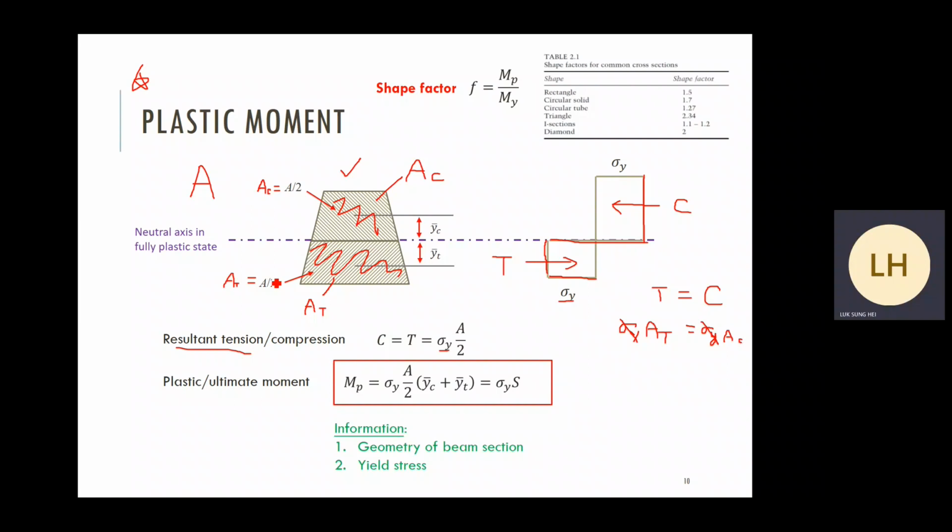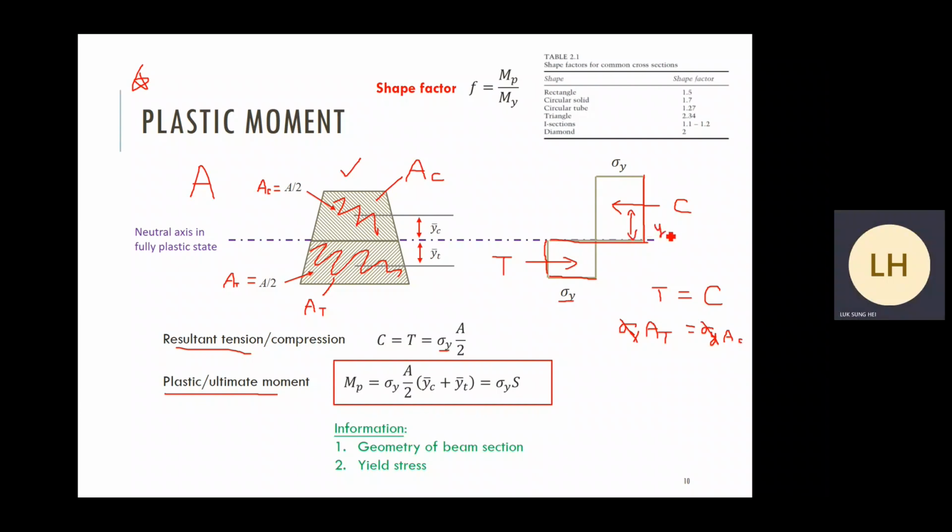Last one, and the most important one, our plastic moment, or you may call this ultimate moment, because this is the maximum value. MP, how to find out? Moment is equal to force times the moment arm.